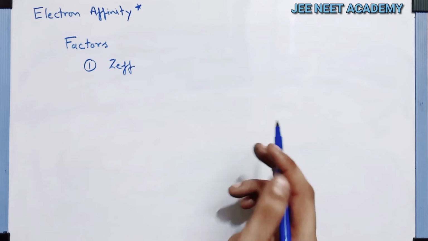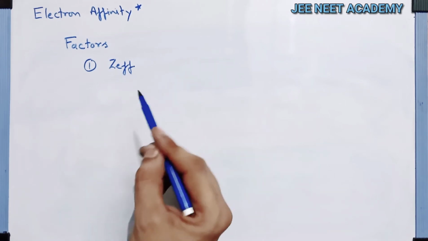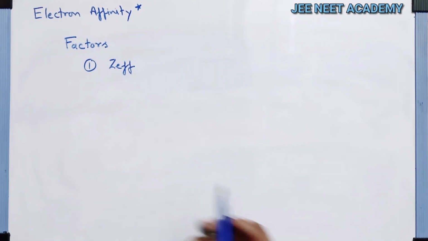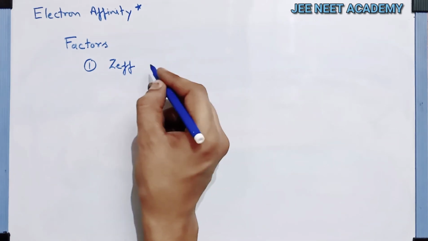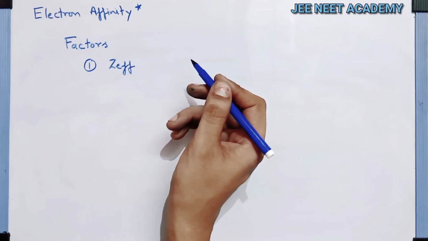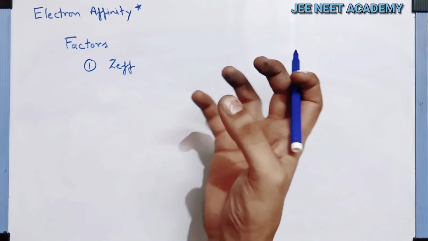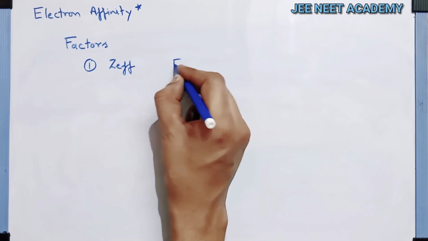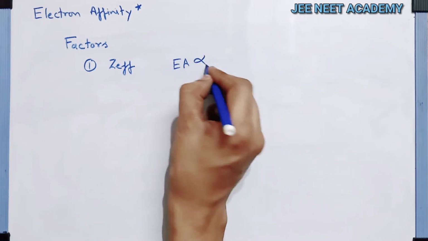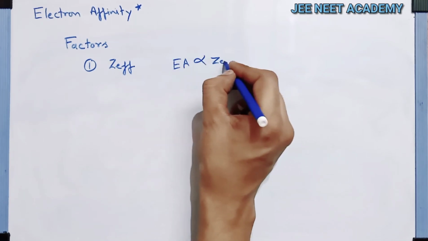Z effective, we know, is responsible for the attraction of electron to the nucleus. So if the Z effective is more, electron affinity will be more, because it can attract one more electron easily. So electron affinity is directly proportional to Z effective.